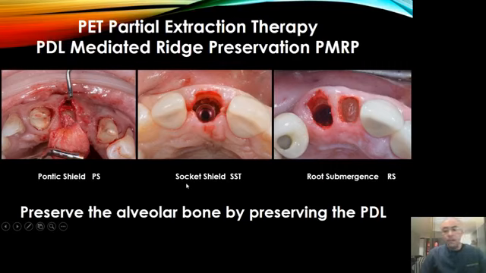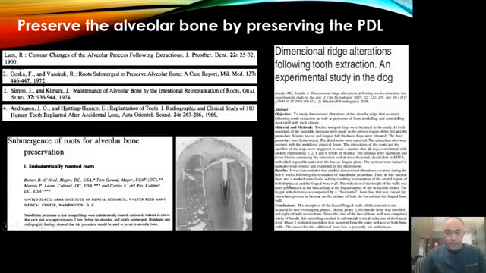And recently, the socket shield, which is associated with implant dentistry, could be related to immediate or delayed implant placement. So the bottom line, whenever we discuss the socket shield technique, is this idea: preserve the alveolar bone by preserving the PDL.